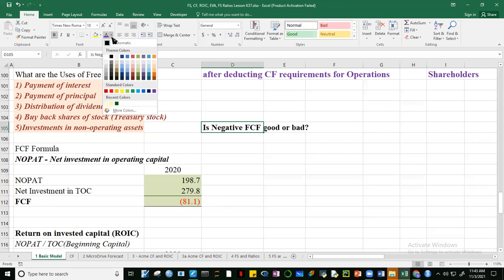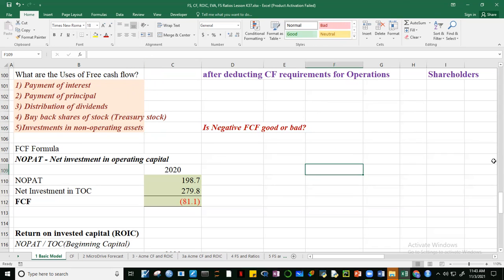Good ba siya o masama ba siya? This negative free cash flow. Okay, anyone would like to give his or her insight on that or opinion about that? Is a negative free cash flow good or bad?